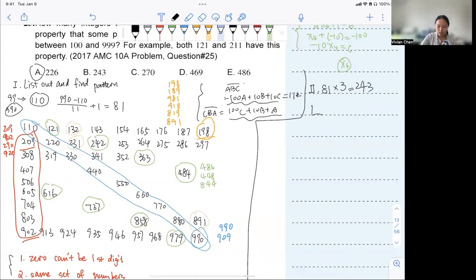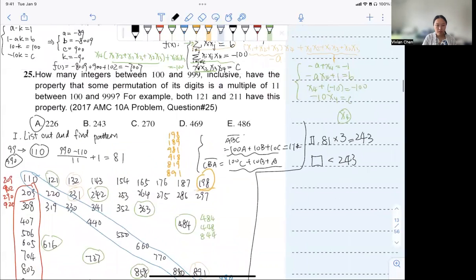So the number you want needs to be less than 243, and the only number among A, B, C, D, and E that satisfies this is A. So the answer to this question can only be A. This is a tricky way to do it. If you don't have enough time and you can quickly think of this reasoning, it's really helpful. But it's not that helpful if you really want to rigorously solve this question.